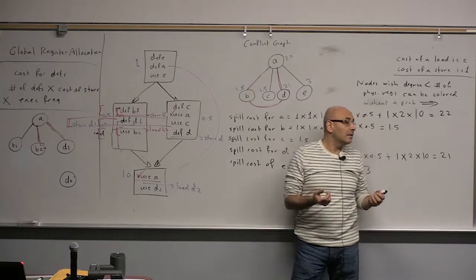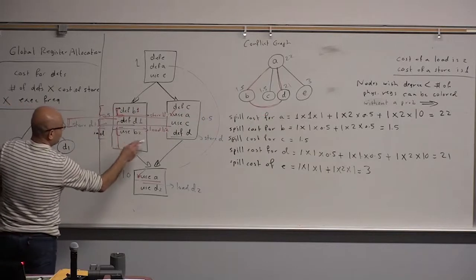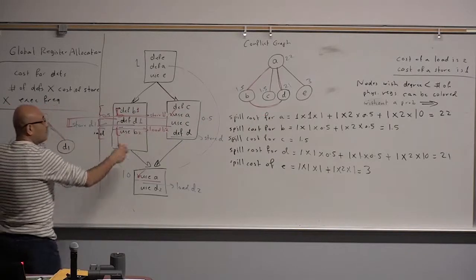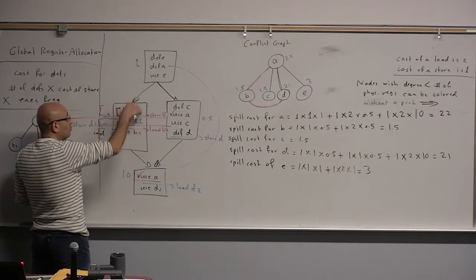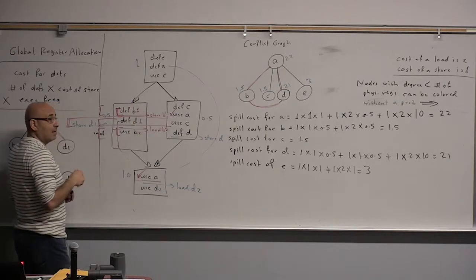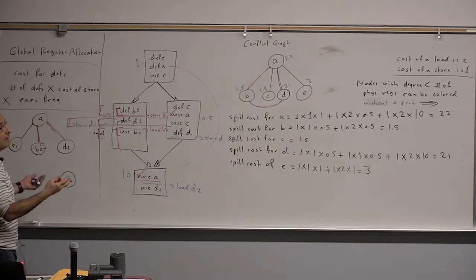Yeah? What do you mean by clean again? Sorry. Clean means you are bringing this from memory. So by loading B, you are bringing a clean copy of B from memory, which means it has nothing to do with this B. What other types of copies are there if it's not clean? Well, it gets modified. If it gets modified, it's no longer clean.